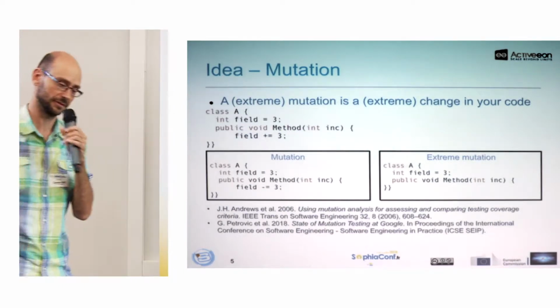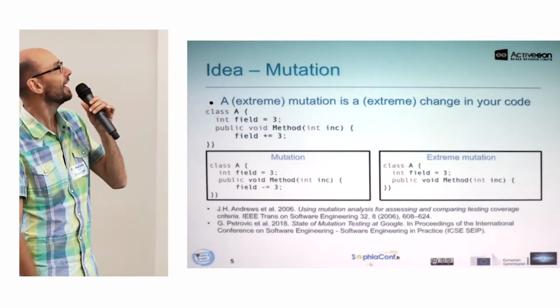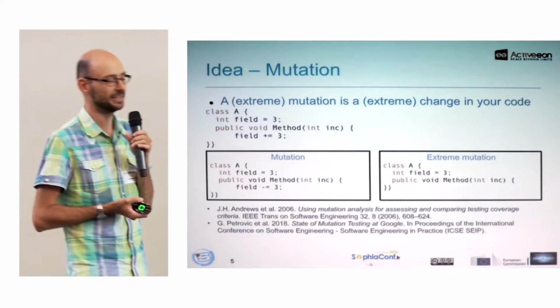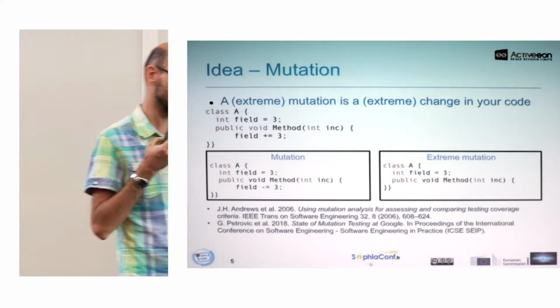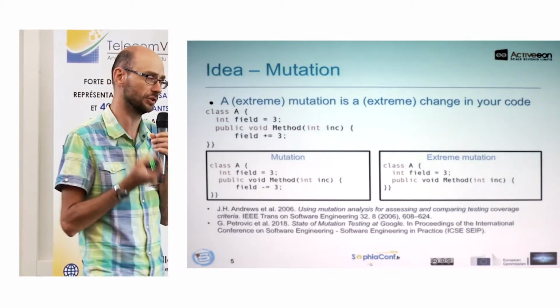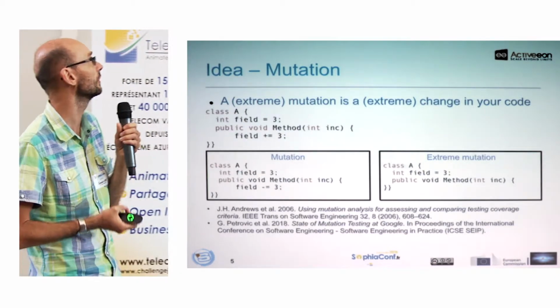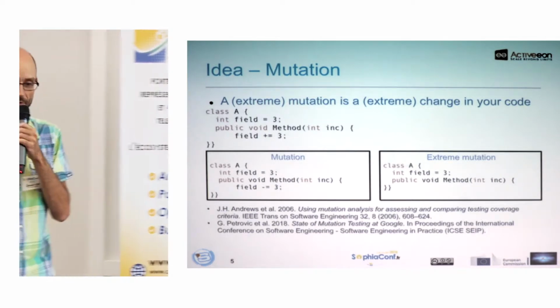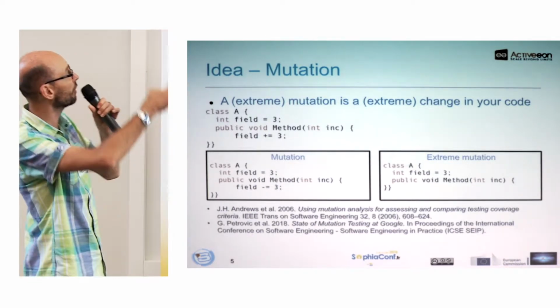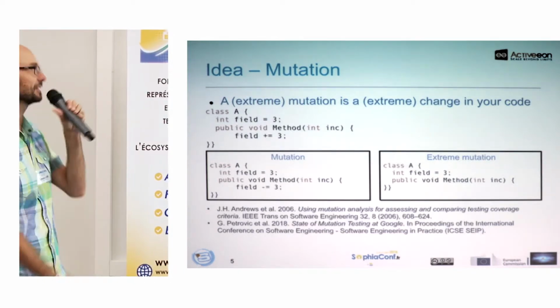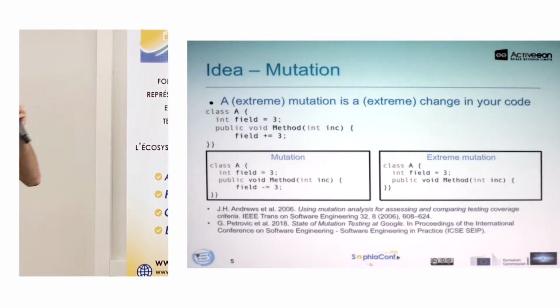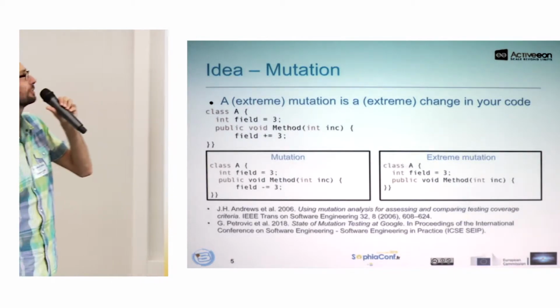So let's start with some academic point of view still. The basic idea is mutation. A mutation is a change in your code, in your source code. Here, for instance, since you are very good, you have already seen the source code. There's a bug. Yeah, you have already seen it, and you have some mutations you can apply on this source code.